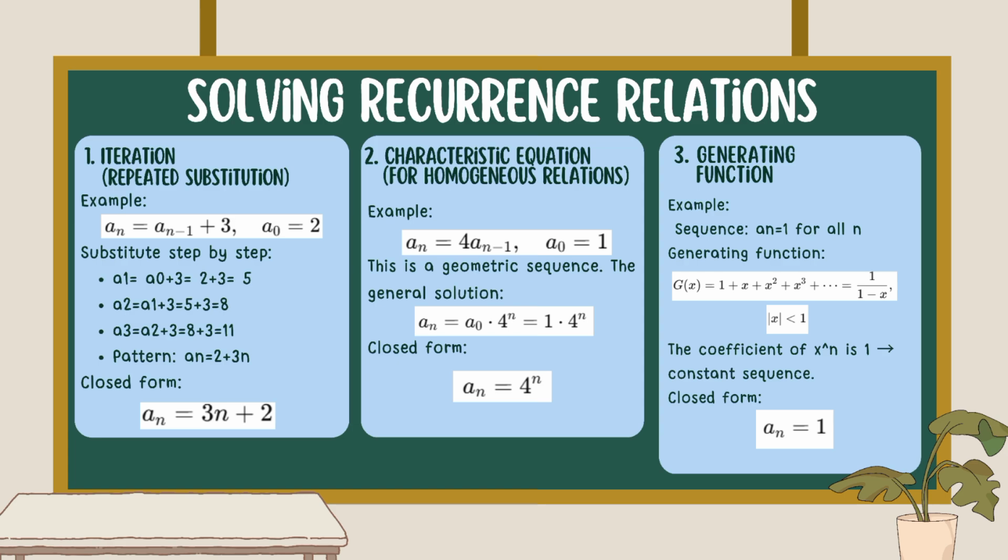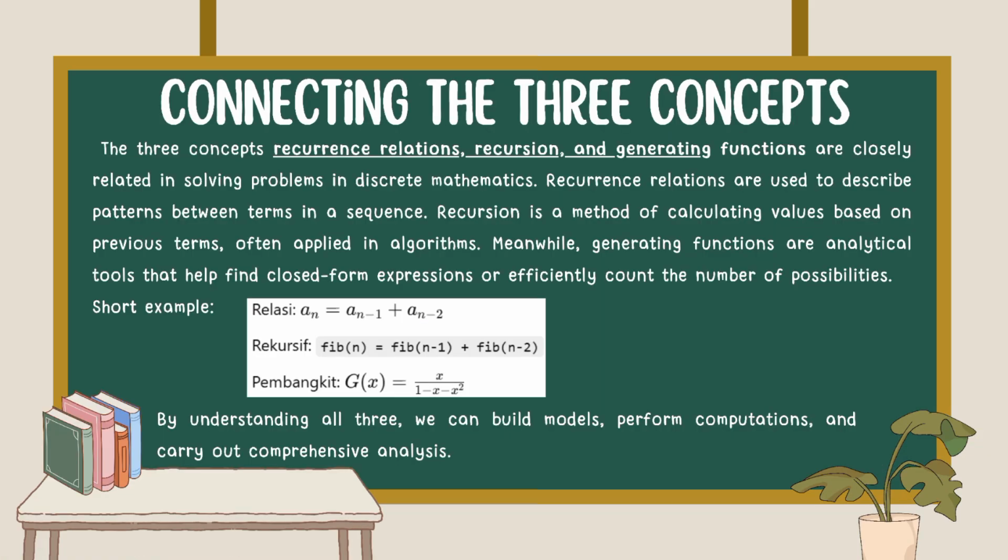Generating function example: sequence a_n equals 1 for all n. The generating function's coefficient of x^n is 1, a constant sequence. Closed form. Connecting the three concepts. The three concepts, recurrence relations, recursion, and generating functions, are closely related in solving problems in discrete mathematics.